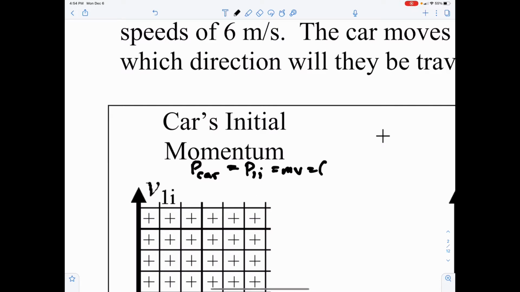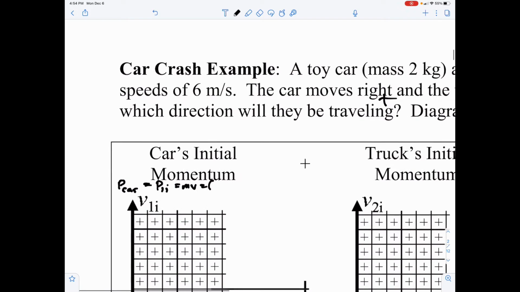So we're going to go 2 kilograms times 6 meters per second, and we get 12 kilogram meters per second.